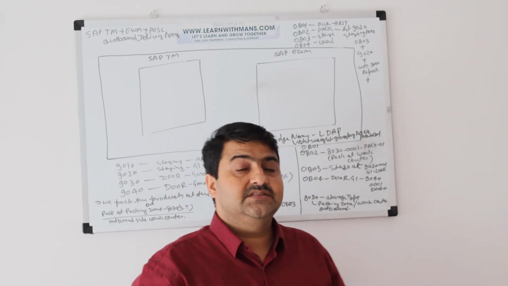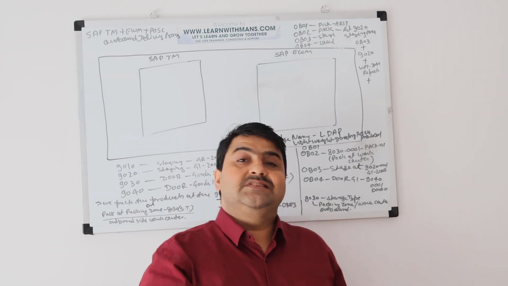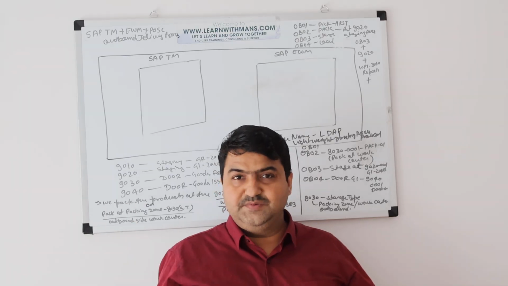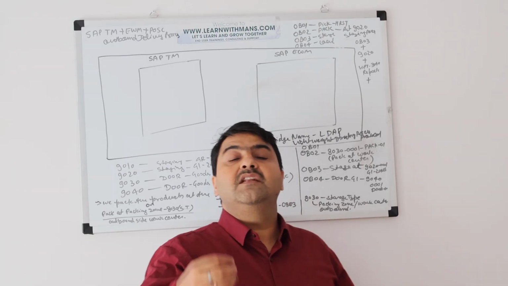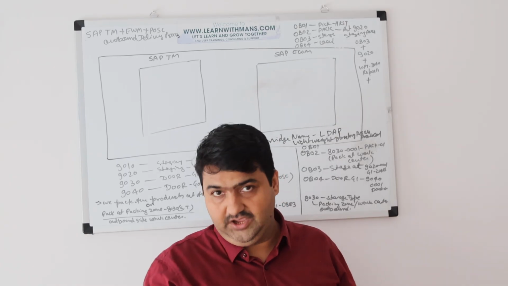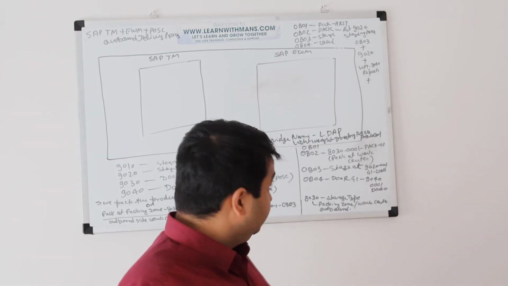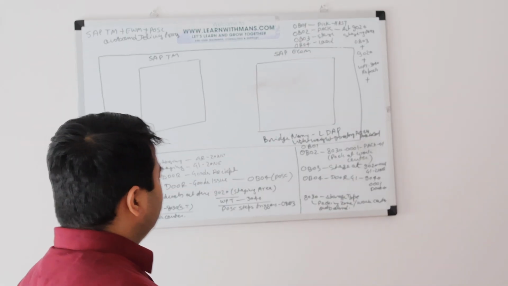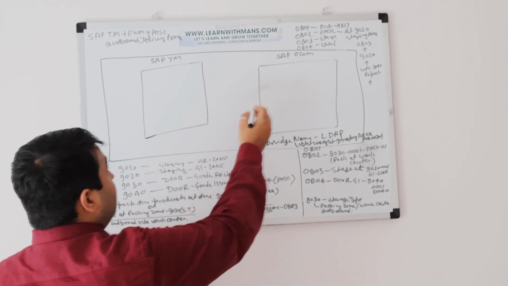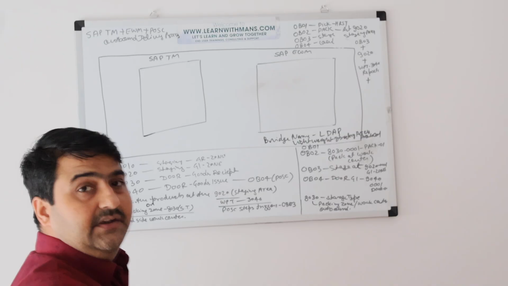SAP provides the best ERP services to businesses. Even with complex warehouse businesses we can run the business smoothly through SAP. So SAP is the market leader. In SAP TM and SAP EWM, what is the common thing we can see here?